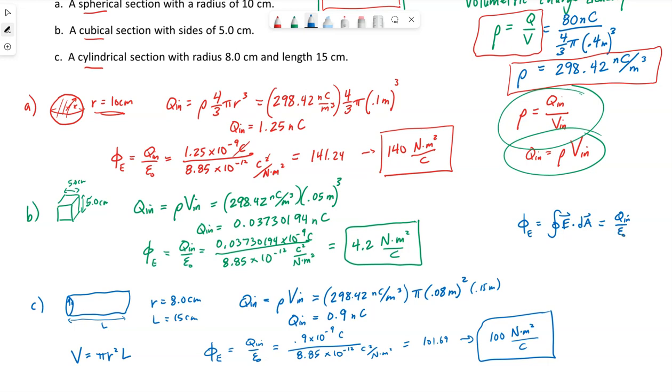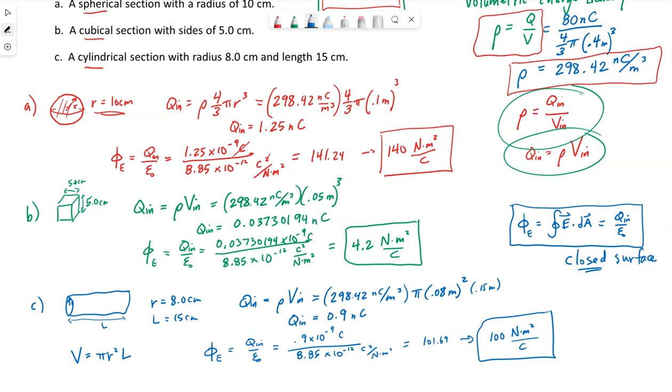The net flux through any type of closed surface, and that's the requirement right there, that the surface is closed, is equal to the amount of charge located within the surface divided by our constant, epsilon naught. A very simple solution for finding flux.